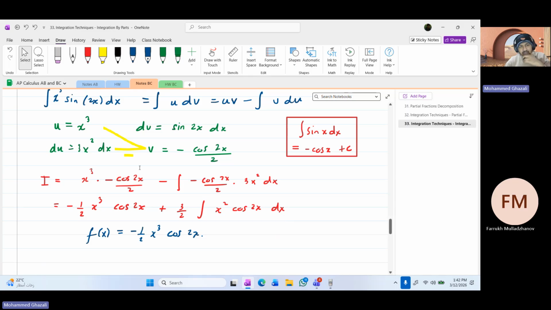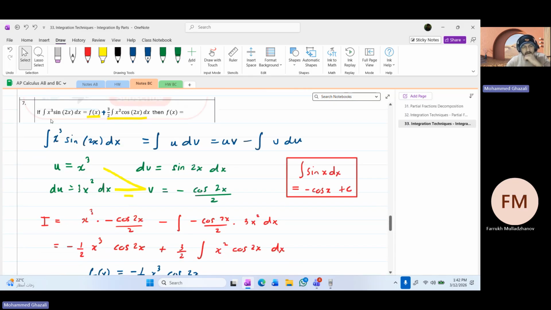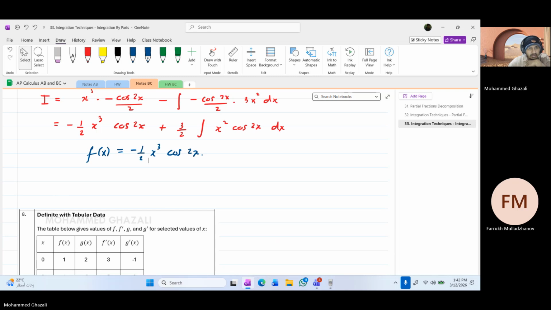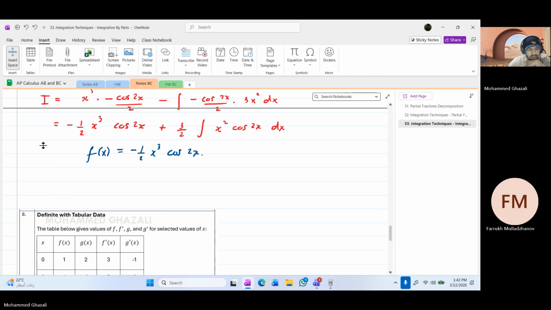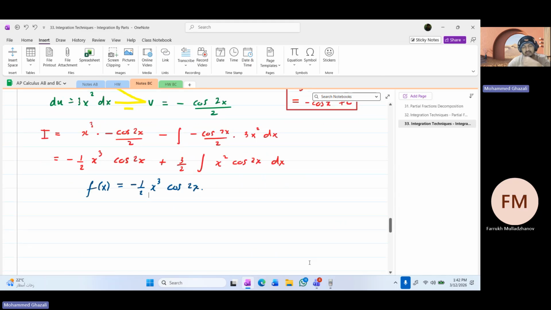Now, did we evaluate this integral? No, we did not. If you want to evaluate the integral, you can use the DI method. Differentiate x cubed, right? And keep on integrating this, okay? So this is your additional question.